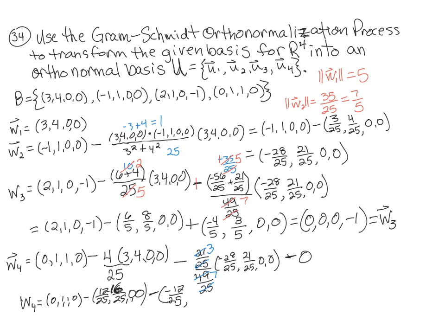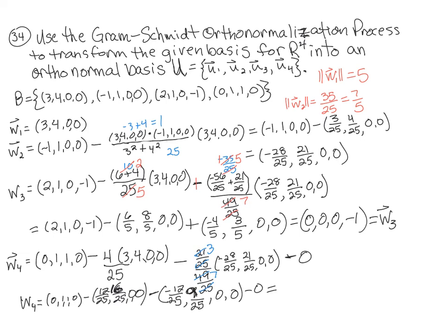The second one, 7 goes into 21 3 times 3. Sorry, I get a 9 over 25 and a 0 and a 0 minus nothing.